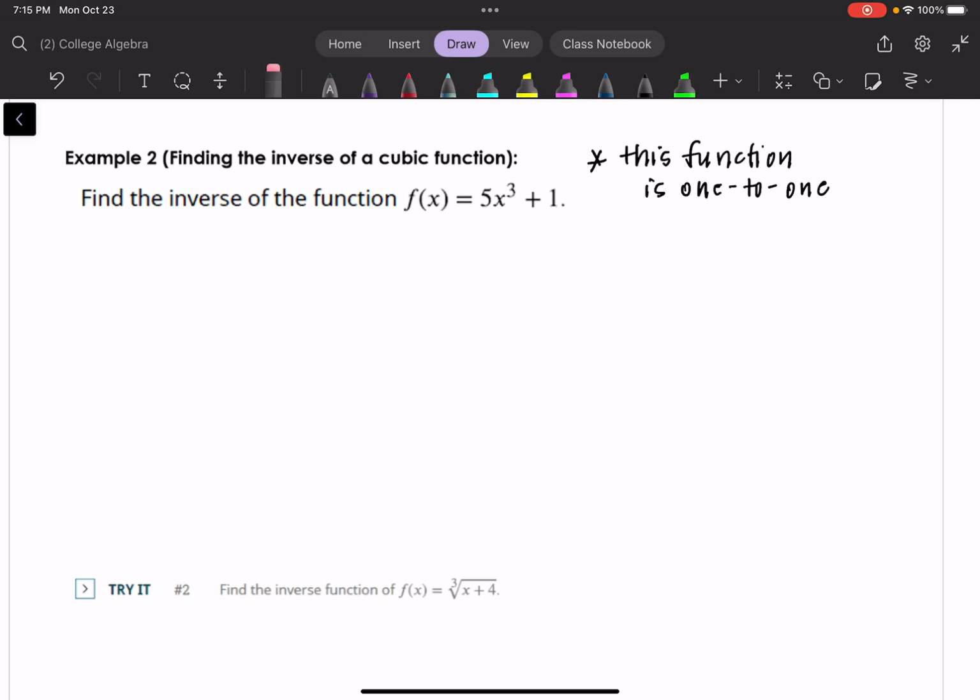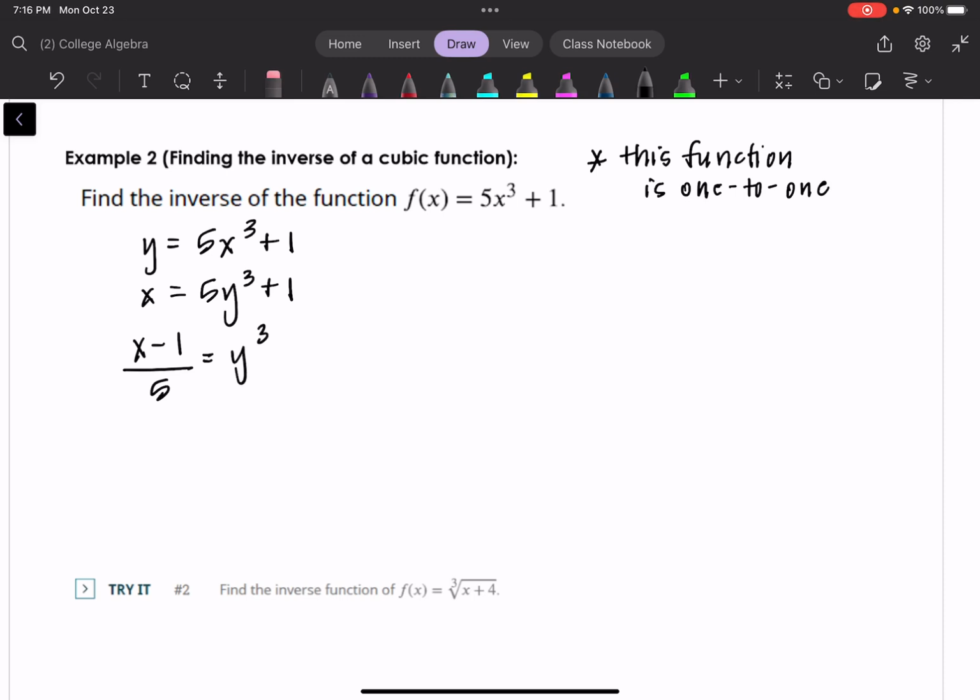We'll go ahead and start off by writing f of x as y. We'll swap x and y, and then we'll solve for y. So this will be x minus 1 divided by 5 equals y cubed.